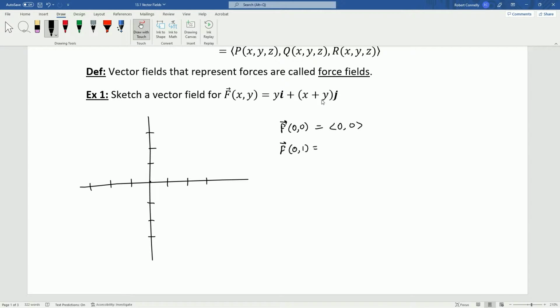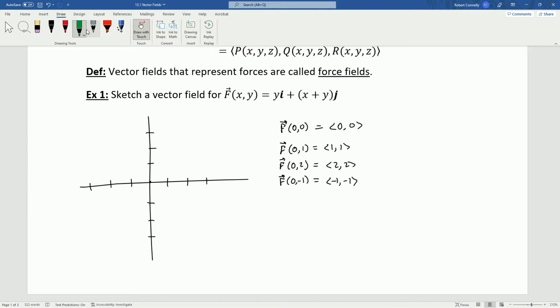We get 1, 1. And let's increase that again to 2. Then we get 2, 2. And for good measure, let's just go to 0, negative 1. That's going to give us negative 1, negative 1.